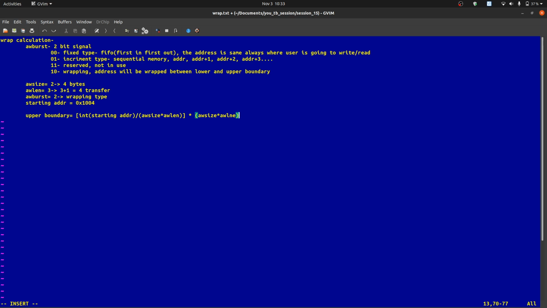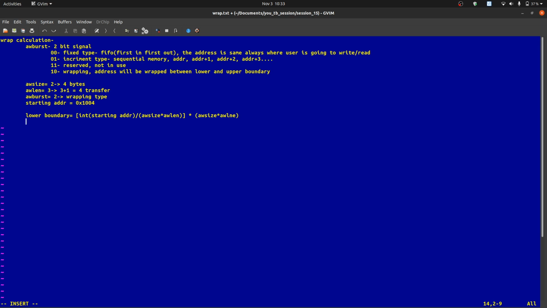We will put our starting address over here, divide by the multiplication of AW size and AW len, and take only the integer part of that. Just ignore the fractional part and multiply by AW size into AW len, and we will get our lower boundary, right? Sorry, it is actually for lower boundary.